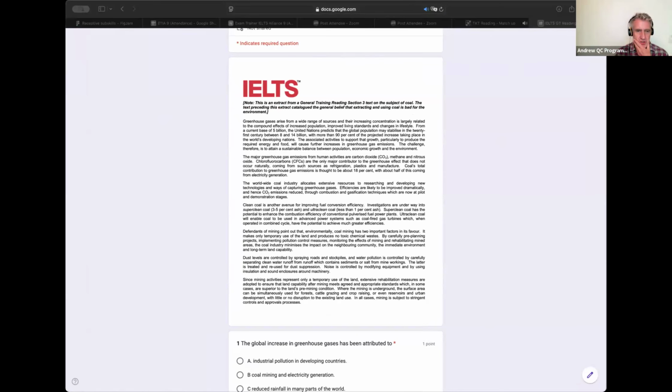So we'll try and do this sample task according to the recommended procedures. So remember, to save time on the reading paper, you must not read every word or try to understand all the text. So what reading skills should we use?